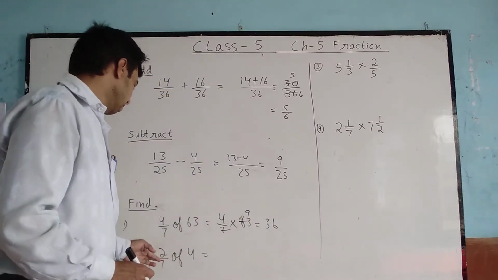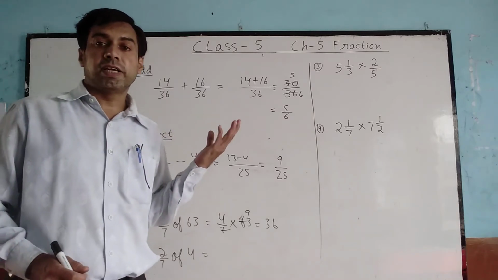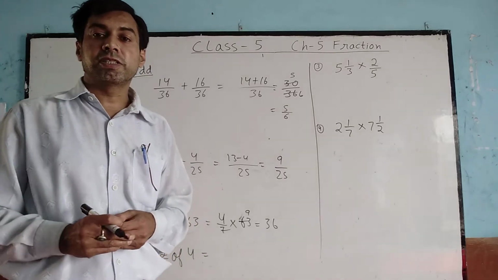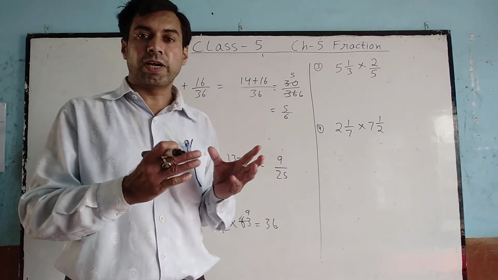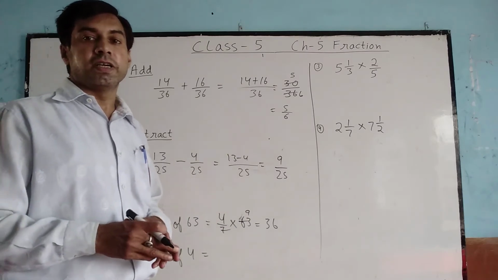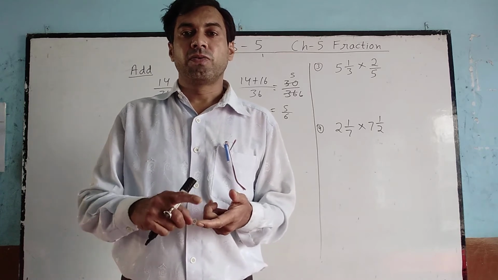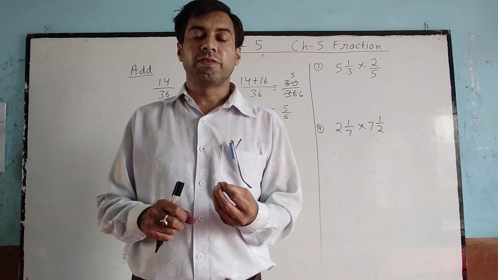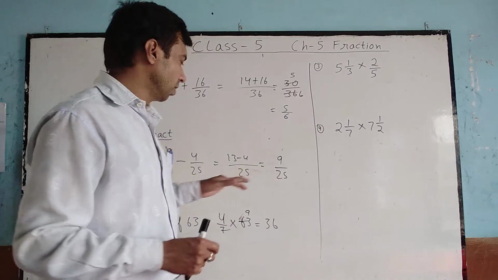36 is our answer. Now 6 2 by 7 of 4. Students, what is 6 2 by 7? It is a mixed fraction. A mixed fraction means when a fraction is written in the form of a whole and a fraction. How do we convert this mixed fraction, students? We multiply the denominator into the whole, and whatever product we get, that product is added to the numerator.